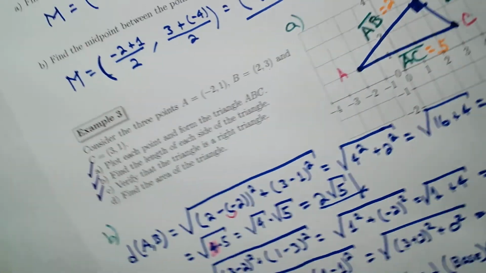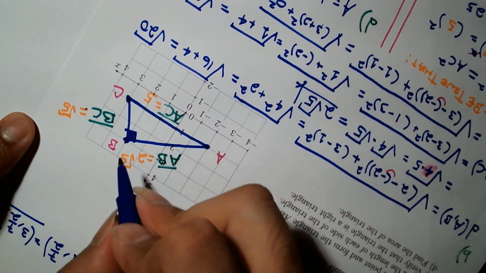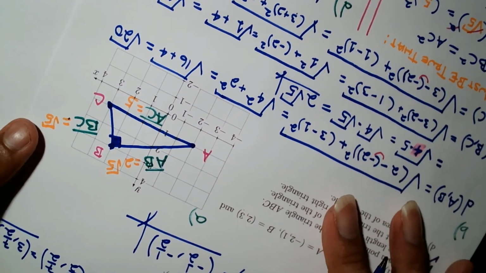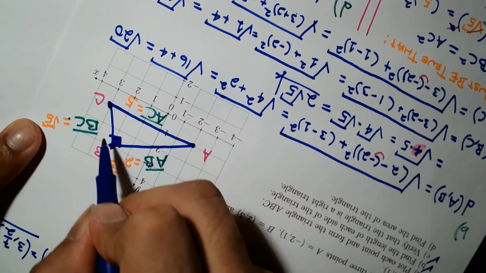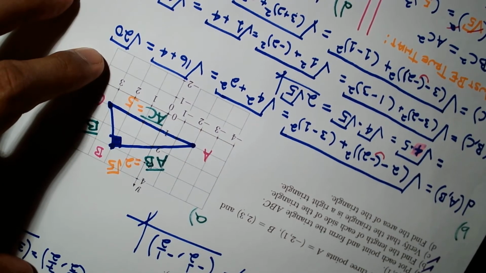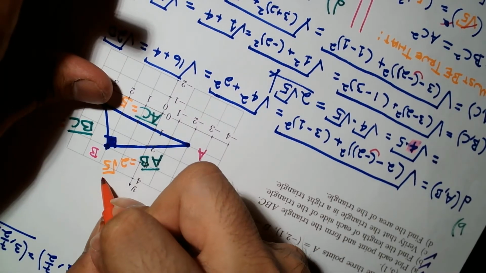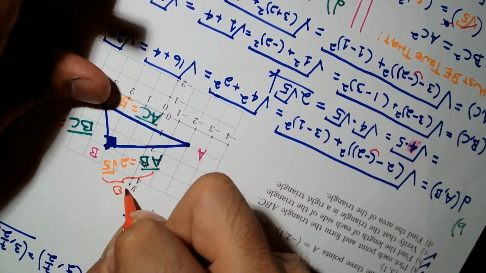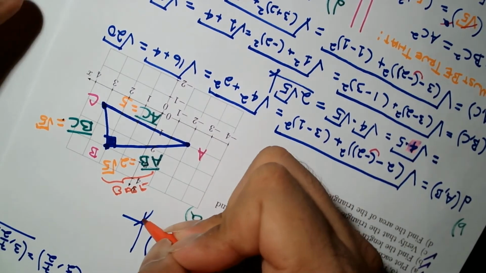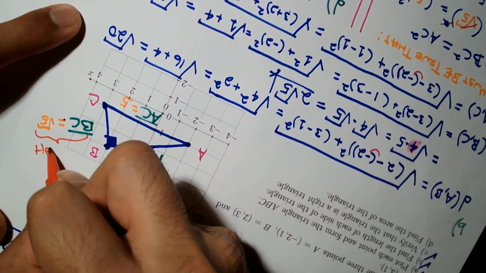We need to go back and twist the page here to the correct perspective so we can see the two sides that form the right triangle. This guy right here is, okay, I'm running out of colors here. Let me use red. This is the base, and this is the height.